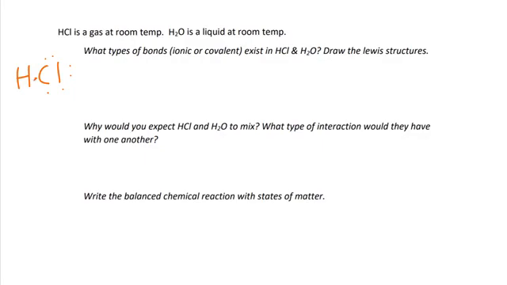And if I look at the electronegativity difference between H and Cl, it should be 0.5. And so we know that that is covalent, and we know 0.5 also makes it polar. Very slightly polar, but it's still polar. So chlorine is therefore slightly negative to my slightly positive hydrogen.